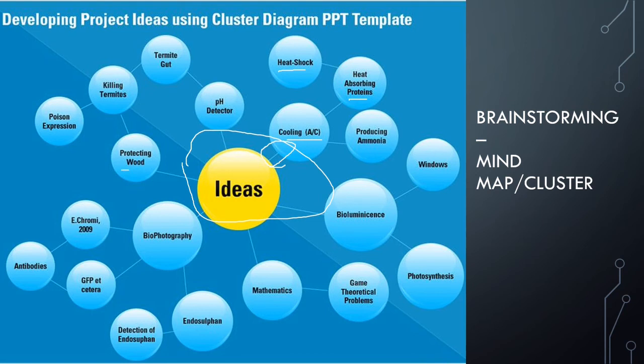So protecting wood has made us think about killing termites. If we kill termites, is there going to be any poison involved? And so on. So you can tell this is an interesting mind map that we have here.